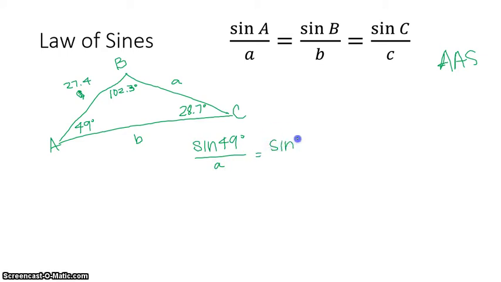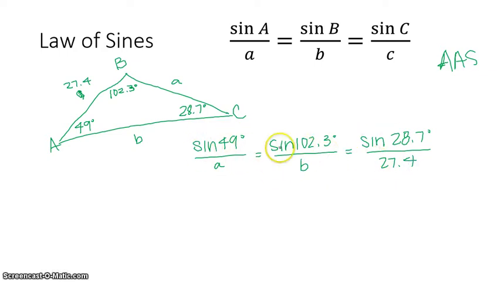Sine of angle B, which is 102.3 degrees, over side B, and sine of angle C, which is 28.7 degrees, over side C, which is 27.4. I can solve these proportions, so I can just cross multiply and divide.